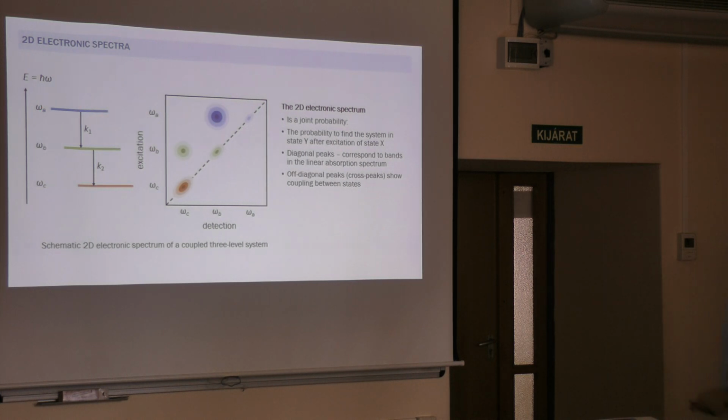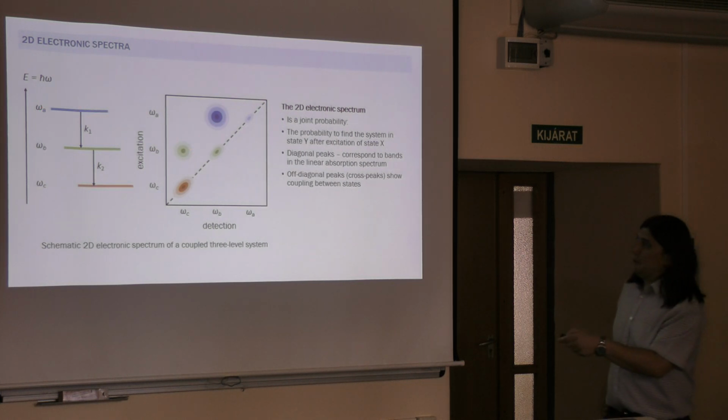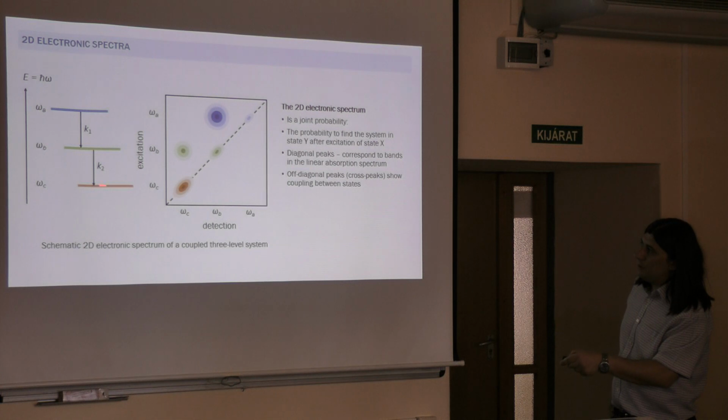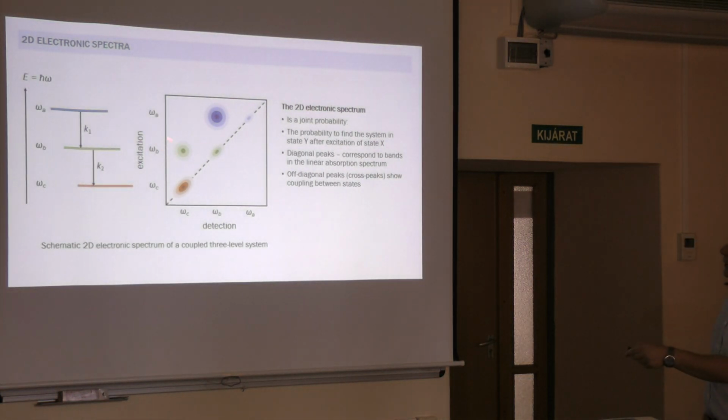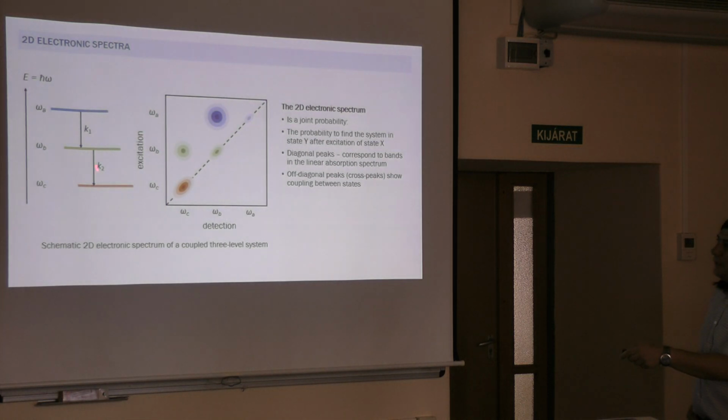Or let's say this cross peak, just the same thing. This is the probability to have population of this state, C, if the initial state was B. So you see, the cross peak gives us the couplings between different states.